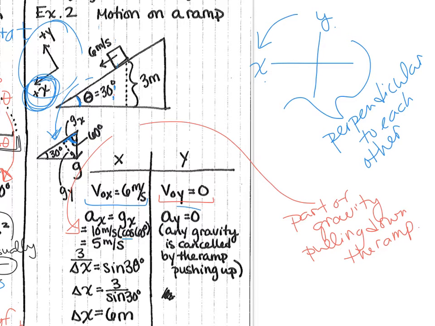That's how we know that this acceleration in the y direction is 0. We also know that it's not going to speed up or slow down going that way or that way. So we can logic our way to understanding this.